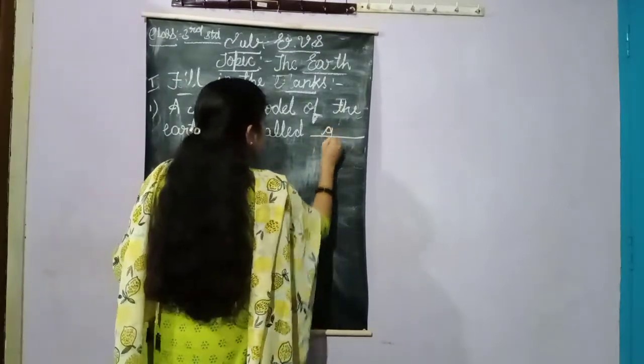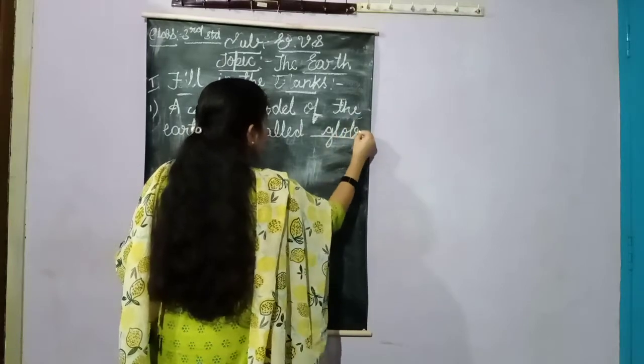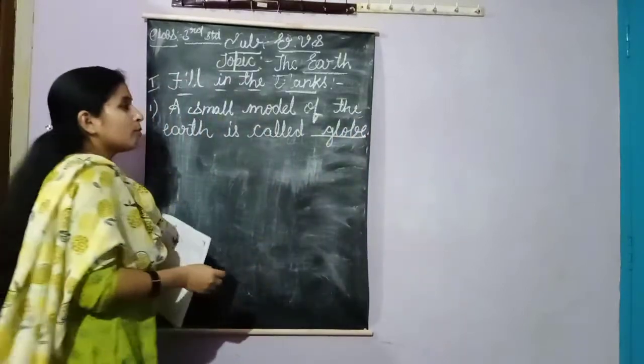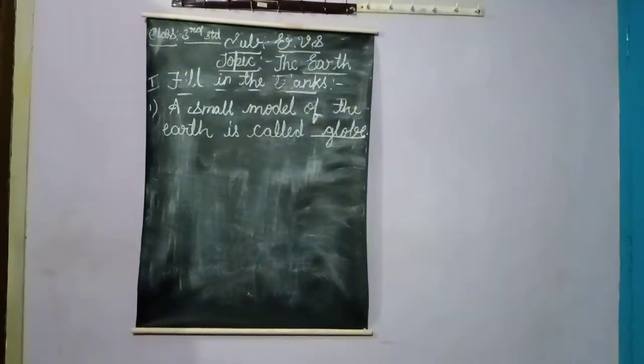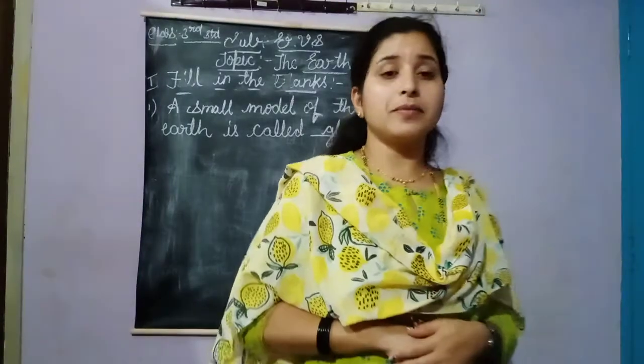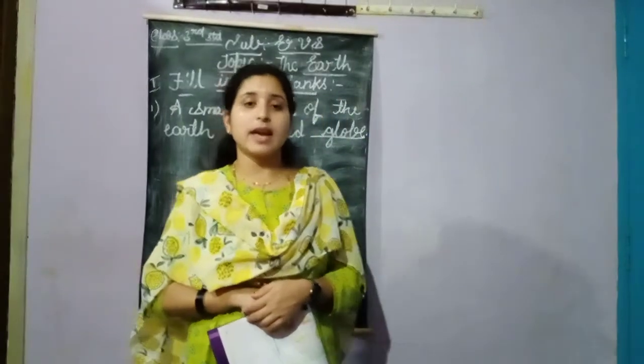Write down globe. A small model of the Earth is called globe. There are some imaginary lines. Actually, in reality, they cannot be seen. There are no imaginary lines on the Earth, children.